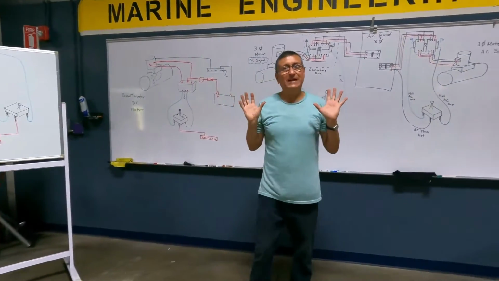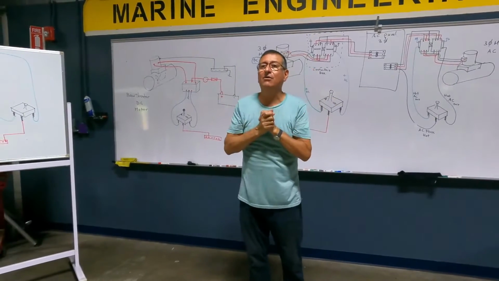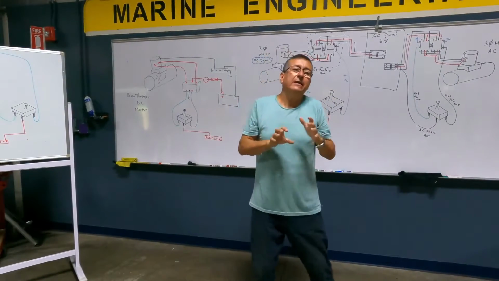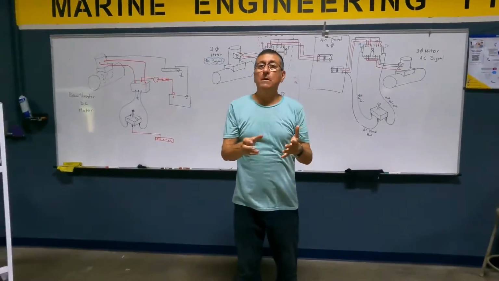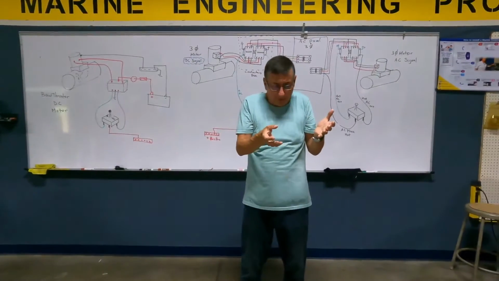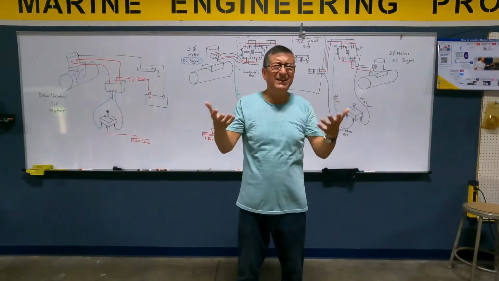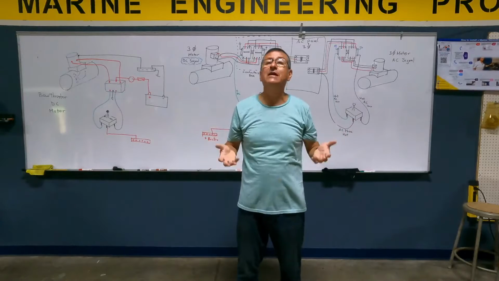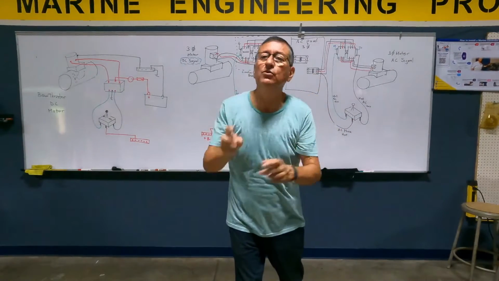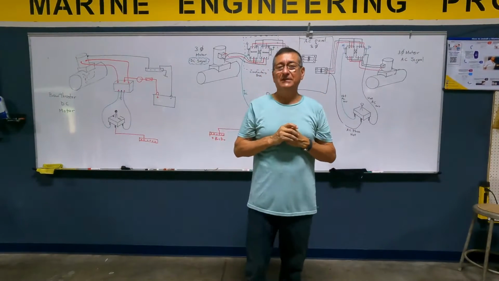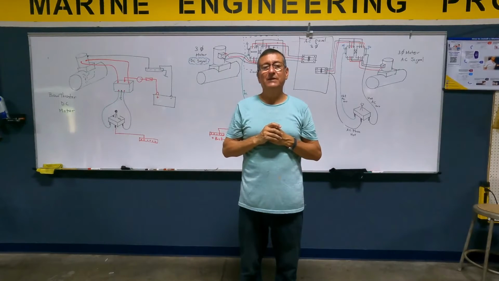This is a good explanation, my friend. It's clear now, because in the future you will find bow thrusters with DC motor and bow thrusters with AC motor. Oh, but this is an AC motor, but the signal is DC. I don't understand that mixture. That signal is for the contactor to reverse the rotation in that motor.